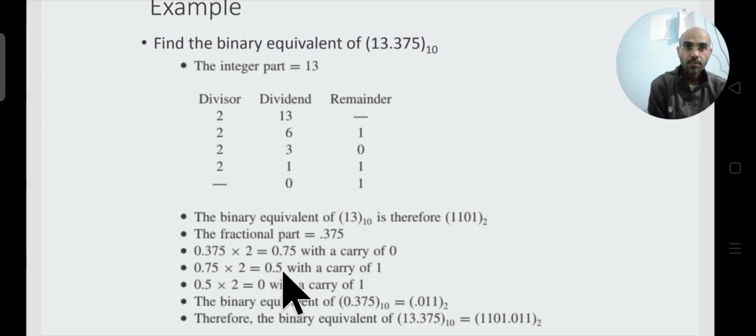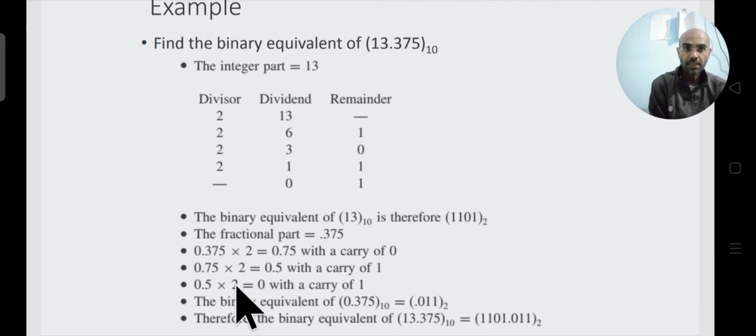Sorry, multiplying 0.75 with 2 will be equal to 1.5. So from this 1.5, 1 is the integral part. That integral part should be written separately, whereas the fractional part of 1.5, which is 0.5, will be taken again, and this 0.5 will be multiplied with the base again.